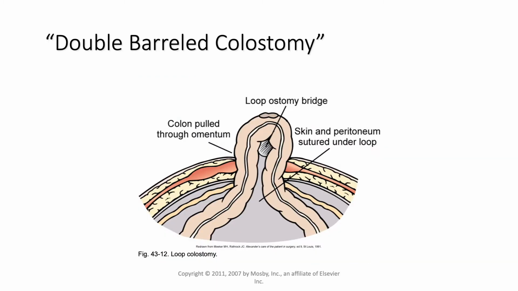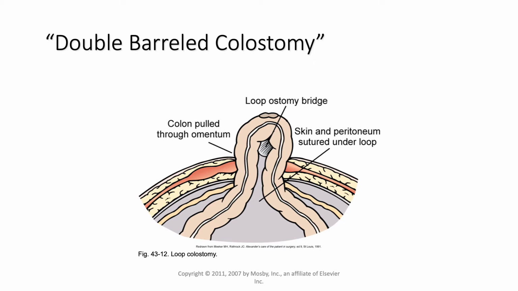This idea of a double-barreled colostomy, what happens is that they bring a loop of the intestine out of the abdomen, and they snip it in half, and they end up with two ostomies in one area. One of them would be functional, would have fecal contents coming through it.